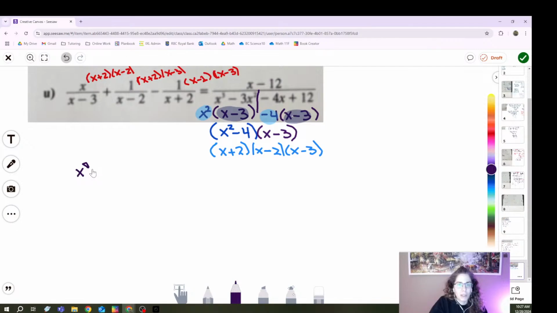Multiplying anything times 1 is still the same, so I'm kind of just going to ignore it. Good, keep going, and let's FOIL the next one.